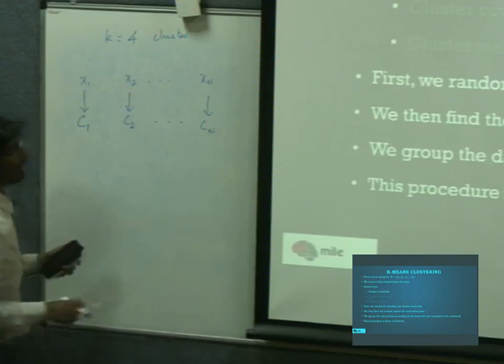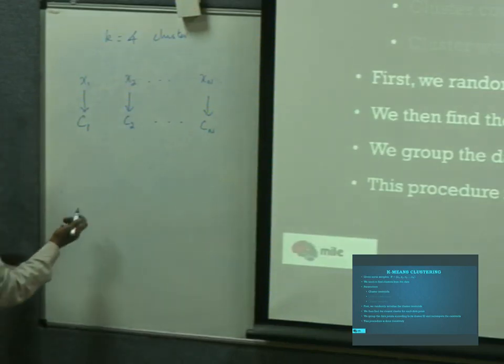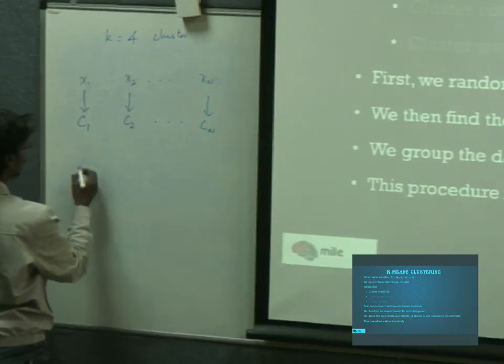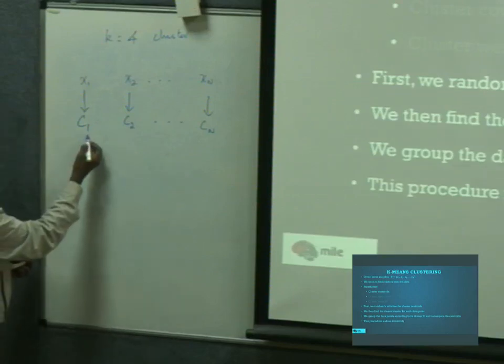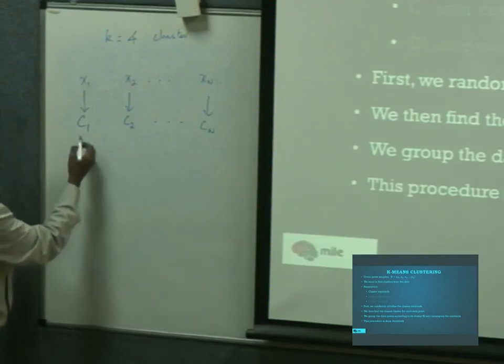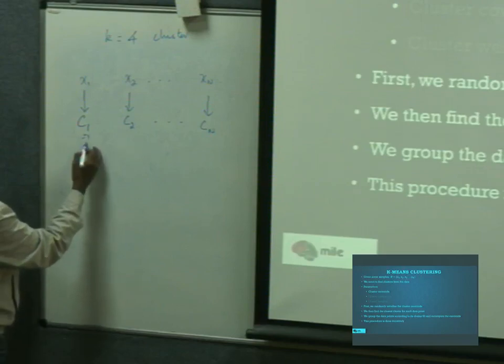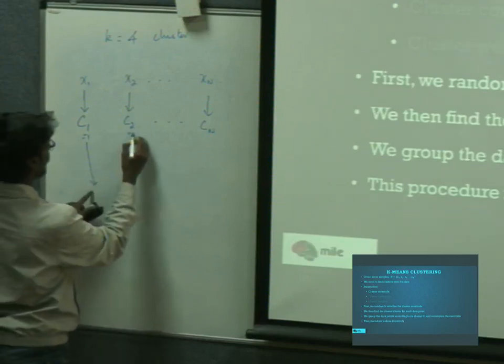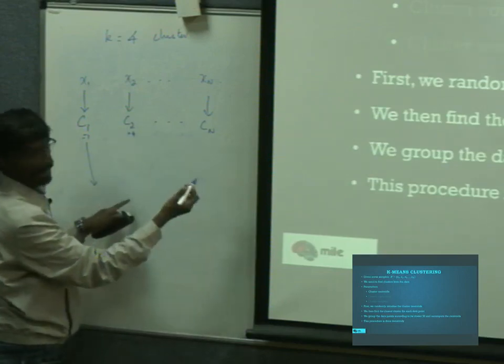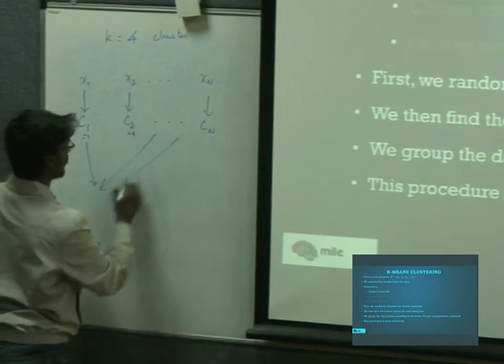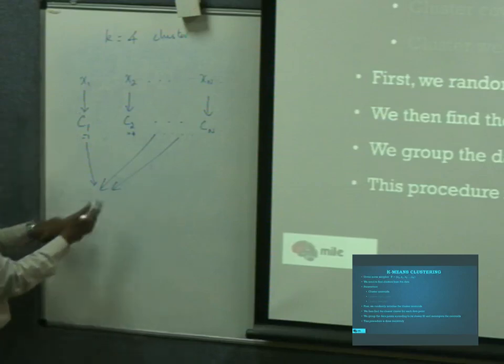In the next step, we find the mean of all the vectors which correspond to cluster 1. If it is 1, then pull that; if it is 4, don't take it. Pull all the vectors together which have 1, and take the mean of that.